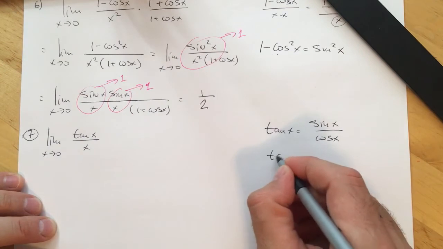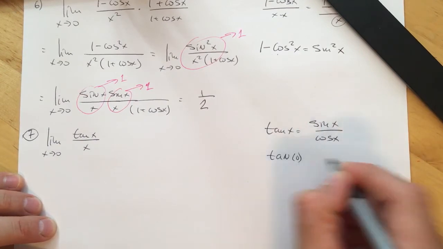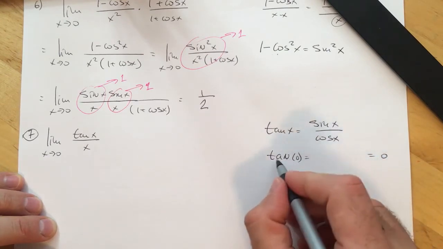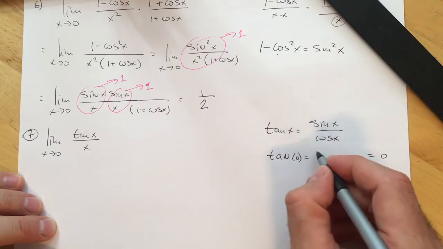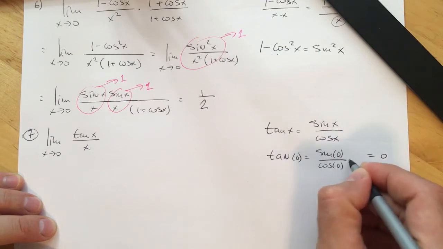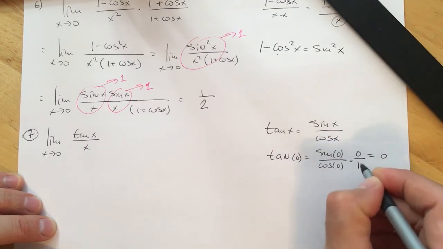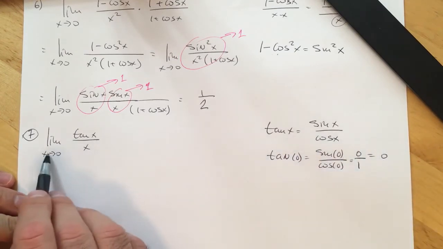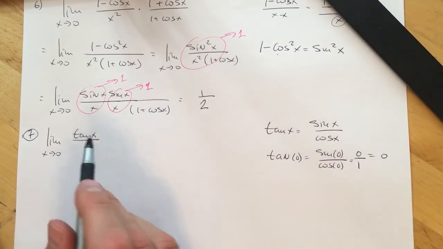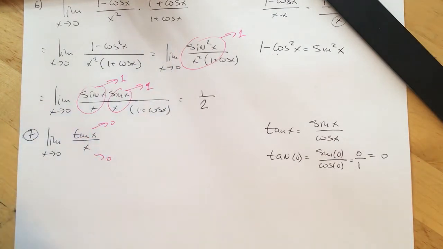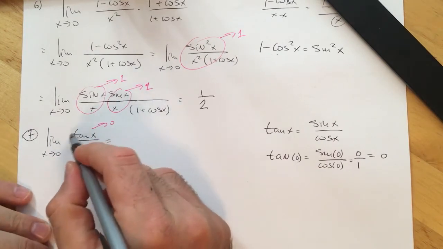Now tangent of 0, you should know that it's 0, but that comes from the definition of tangent: sine of 0 over cosine of 0. Sine of 0 is 0, cosine of 0 is 1, 0 divided by 1 is 0. That means that if you use direct substitution, the numerator tangent of 0 is 0 and the denominator is 0. So I have a 0 over 0 limit, which means that I have to modify this somehow.